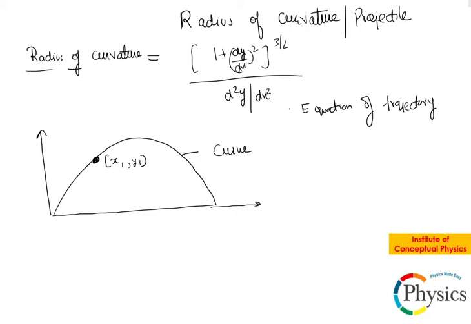Once you write the equation of trajectory, that links y and x. In a second step, you take the single derivative of that curve, and then you take the double derivative of the equation of trajectory.